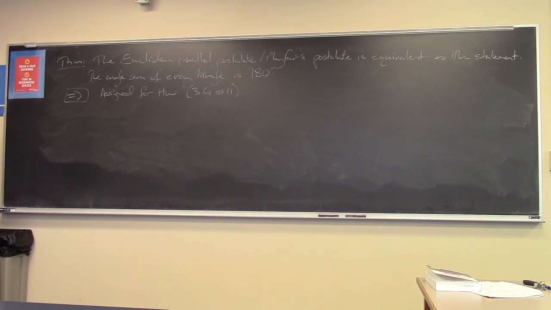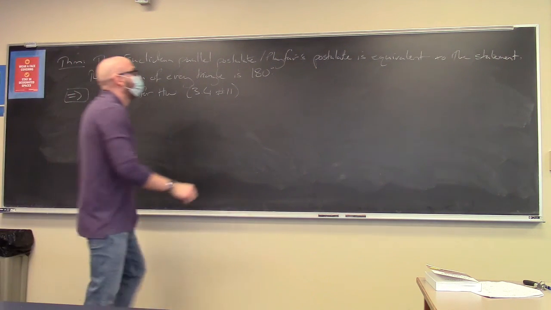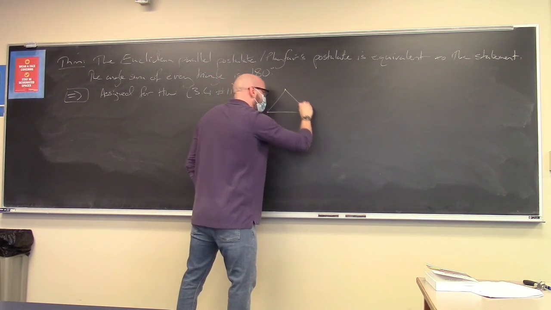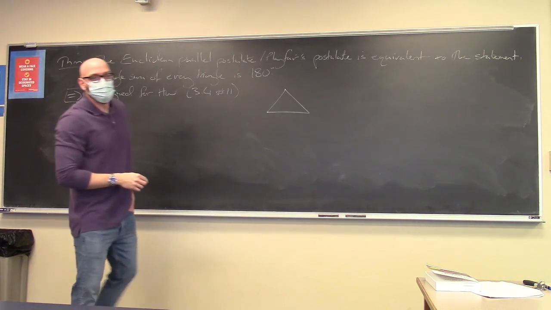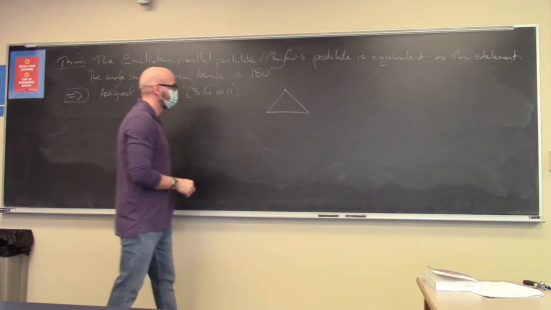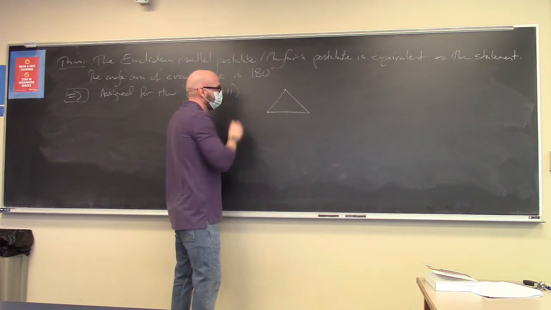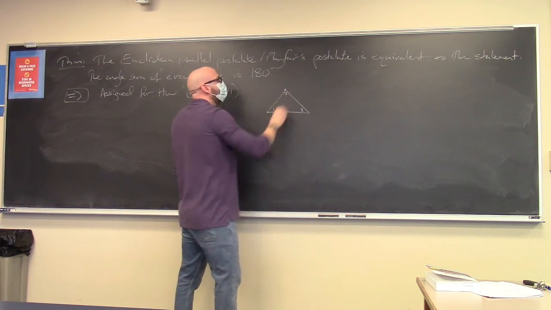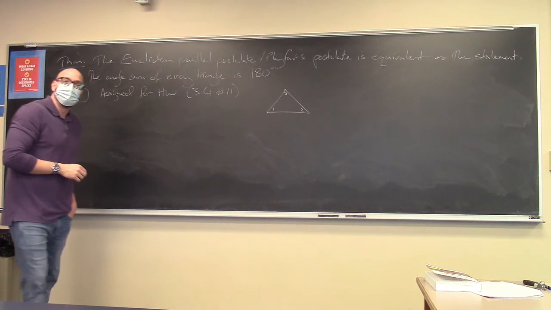And if you're still thinking about this, I'll give you a hint. Just take a triangle. You want to show it has angle sum of 180. So you want to show that if you add up all of those angles, they equal 180.